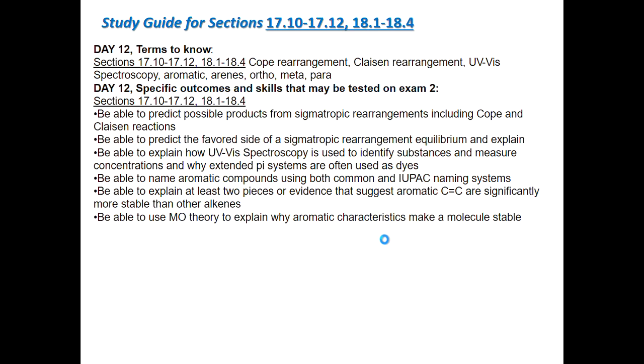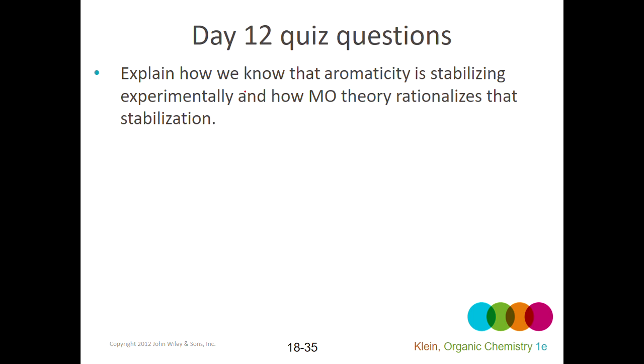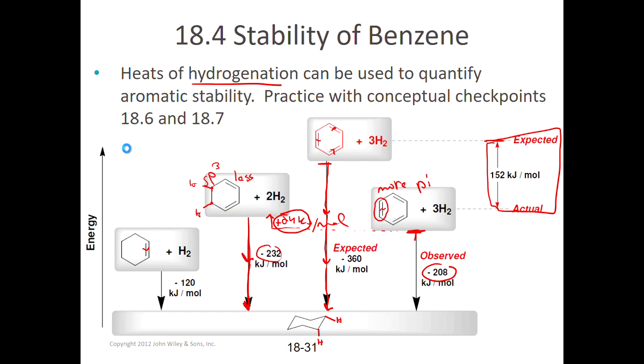And that's the first part of this second quiz question. So the second quiz question, where I ask you to explain how aromaticity is stabilizing and how we know that experimentally, that's this. Experimentally, you can measure the amount of energy released when the pi bonds are converted to sigma bonds. And it's about 152 kilojoules per mole less than it would be if there wasn't any special stability associated with the conjugation, the resonance, or the aromatic ring creating molecular orbitals.